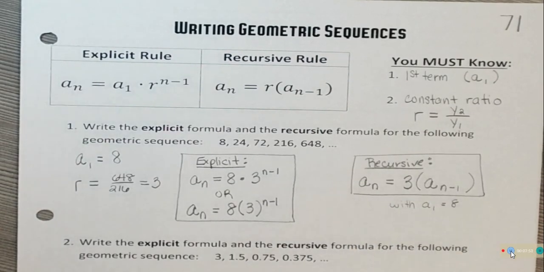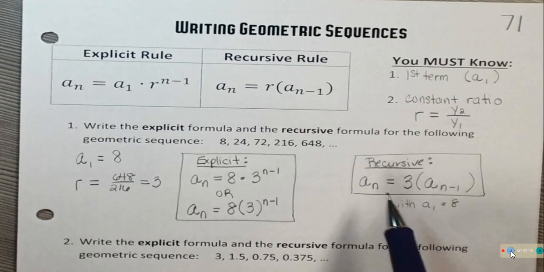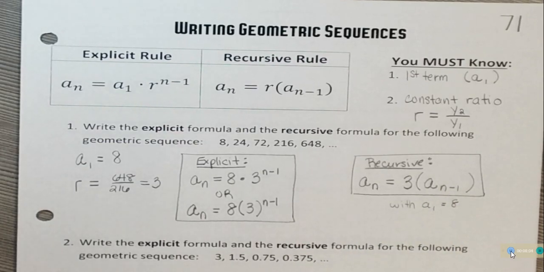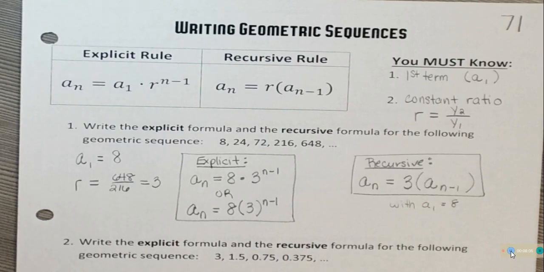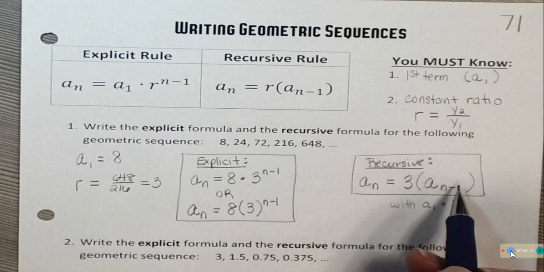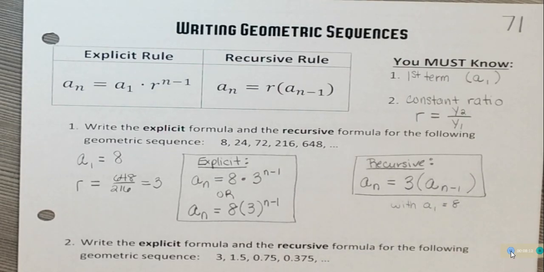Why would I need to know A1 equals 8? Because what does A1 tell me? The first term tells me where to start. The rule is this. This is the heads up of where you'd have to start, okay? So if you're looking at a test, you're only going to see the actual equation, not this little afterthought.